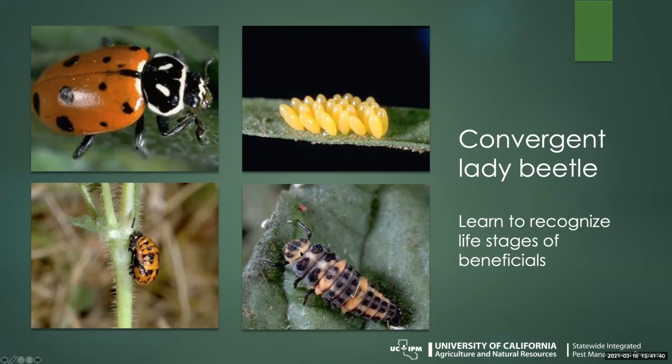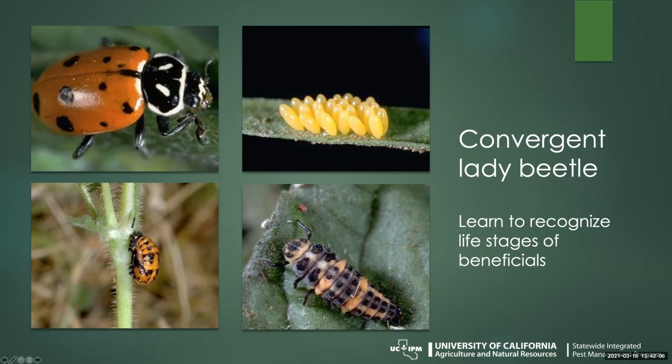And we talk about the life stages of both pests and beneficials because we want to make sure people recognize that if they see these brightly colored eggs like this that have the same shape and are standing up on a surface, that they recognize them as beneficial insects and don't try and clear them off. Those eggs are going to hatch out to this larva that doesn't look anything like the adult.